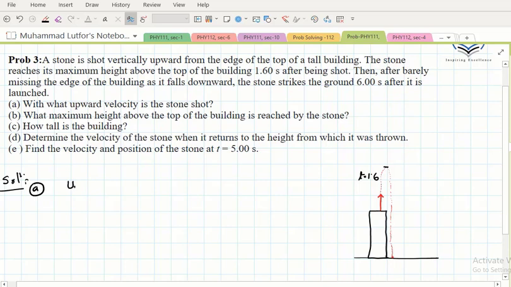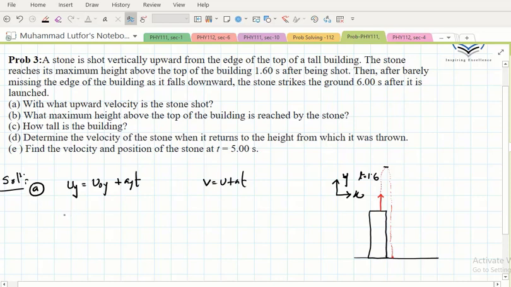So we can say Vy would be V0y plus Ay t. I choose this as my positive y direction and this as my positive x direction. So I just use the formula v equals u plus at.